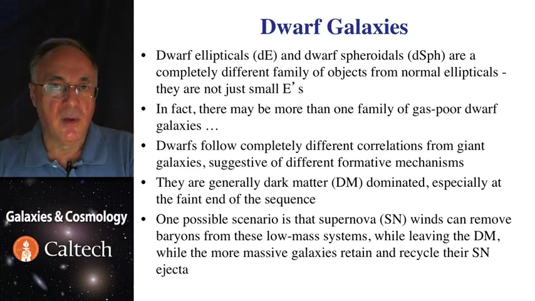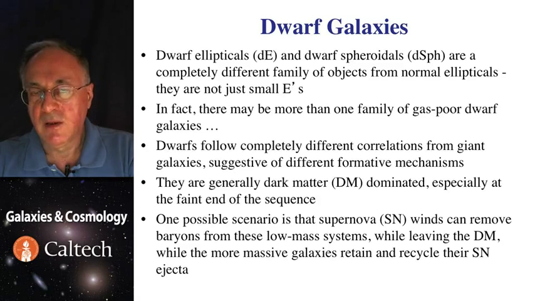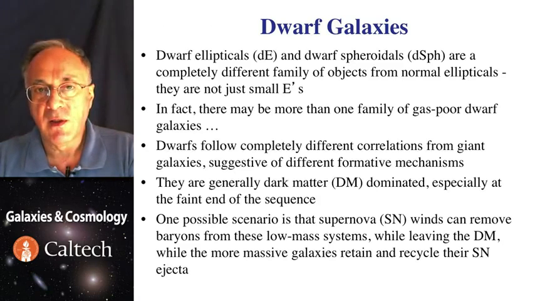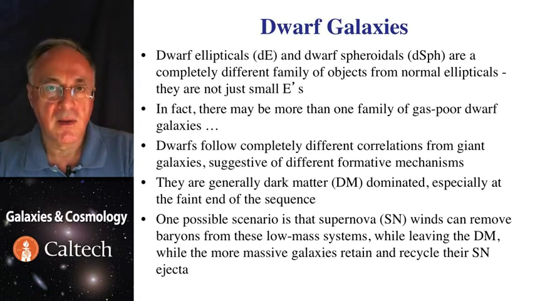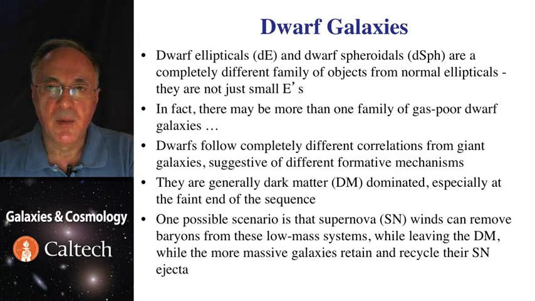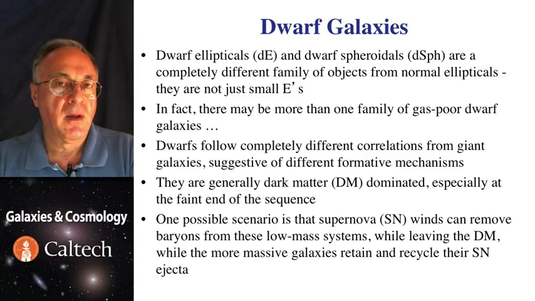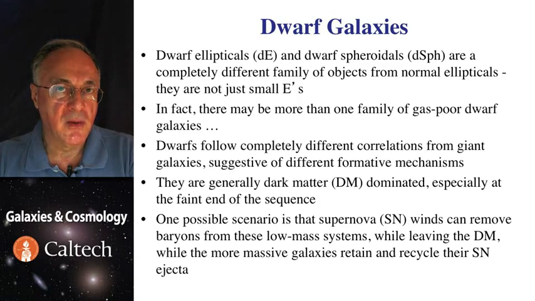As it turns out, dwarf galaxies, dwarf spheroidals in particular, are totally dark matter dominated. They have higher mass to light ratios than any other galaxies. And we think we understand why this is. Again, remembering the scenario where supernova explosions can expel gas from galaxies, they can do so in shallow potential wells, thus removing baryons.